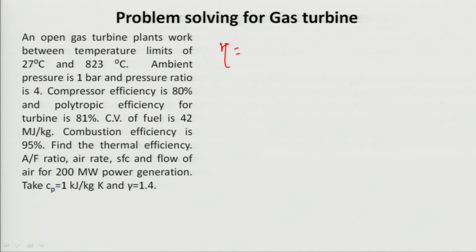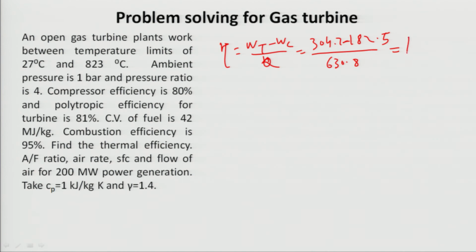Efficiency is turbine work minus compressor work upon the heat supplied. When we put the values, 304.7 minus 182.5 divided by 630.8, efficiency comes to around 19.4%.